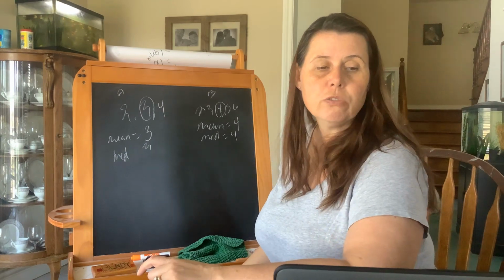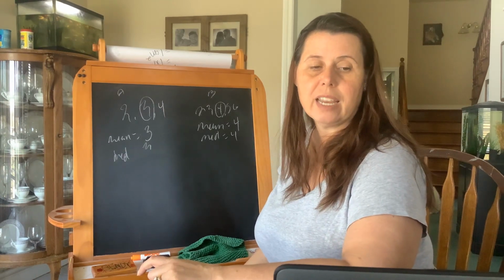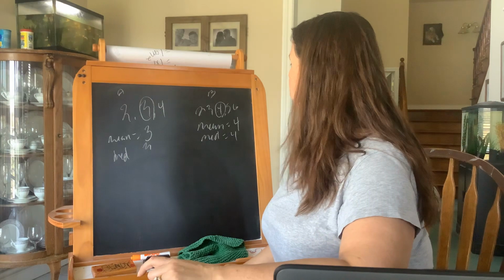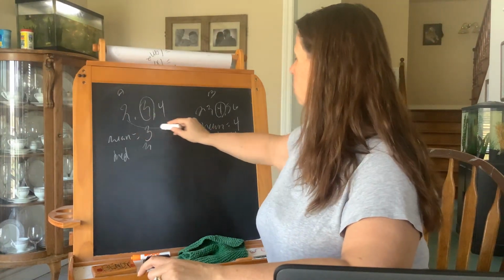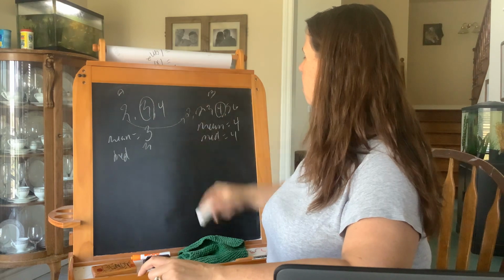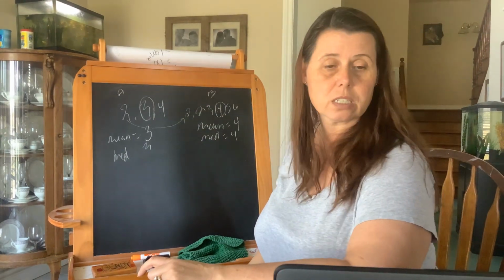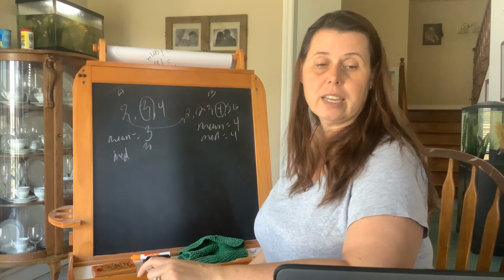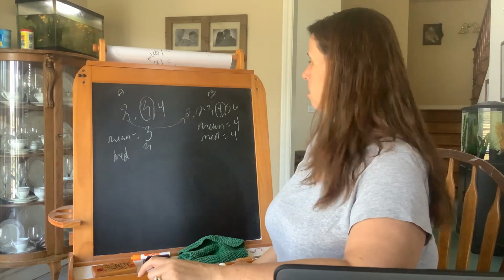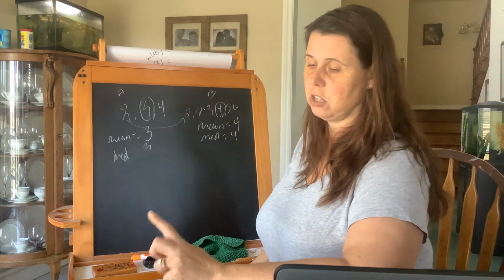Okay, move one data value from set A to set B. So we're going to move one data value. I like keeping it easy, so let's move the 2 over to there. So now we have 2, 2, 3, 4, 5, 6. Okay? Did the mean and median of each set increase, decrease, or stay the same? Okay, without doing any math, just think about this.